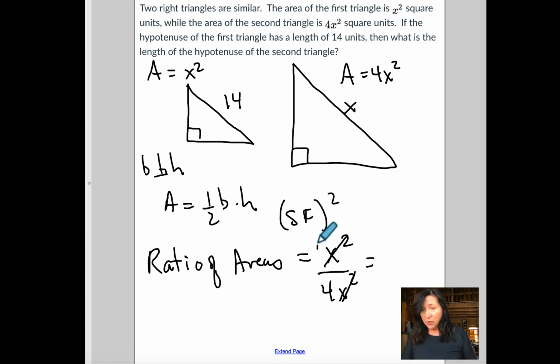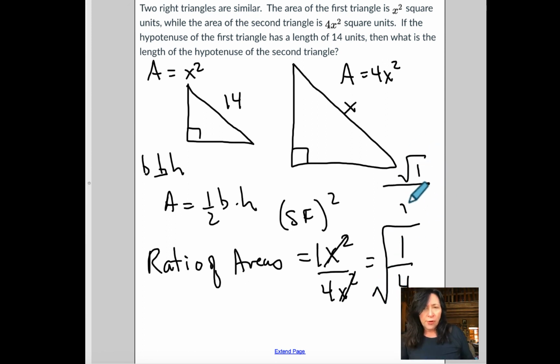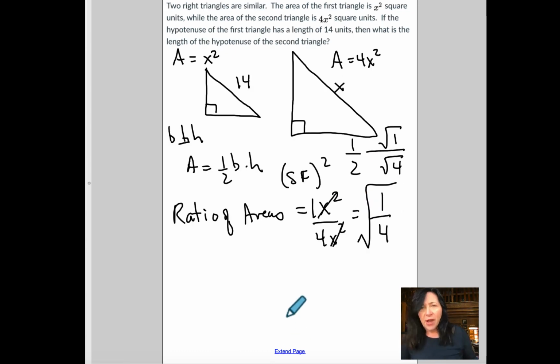So the ratio of areas is 1/4. To undo that, all I have to do is square root it, which is the square root of 1 over the square root of 4, which is 1/2. So my scale factor is 1/2.